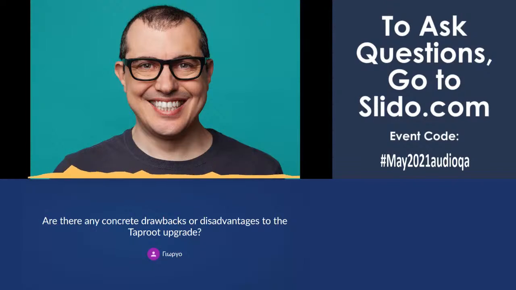But I don't think that's going to be a problem. Honestly, I think any wallet that implemented SegWit will be able to implement Taproot relatively easily, and the codebase has been out for quite a while. All right, that's enough of that question. Let's see what we have next.